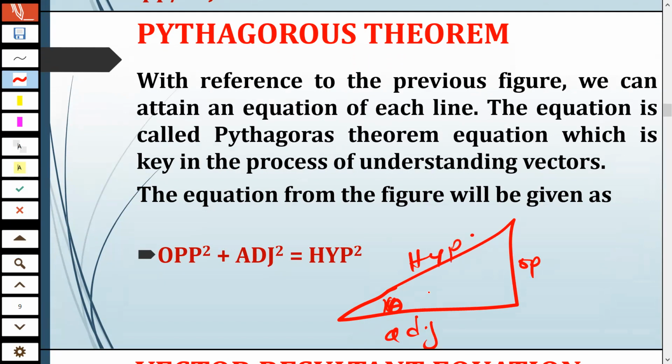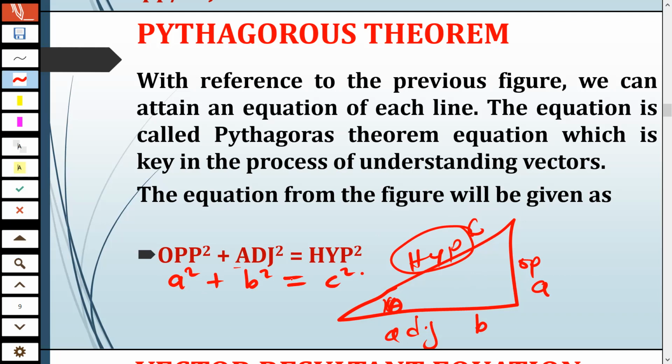Let's say the opposite is A, the hypotenuse is C, and the adjacent is B. The Pythagoras theorem states that when you square the opposite and square the adjacent and add them, the sum is equal to the square of the hypotenuse. In terms of A, B, and C, this can be written as A squared plus B squared equals C squared.